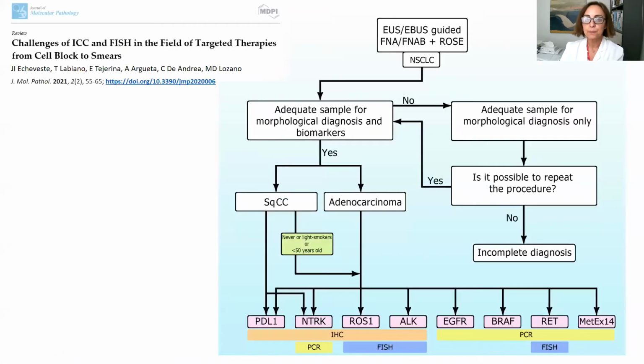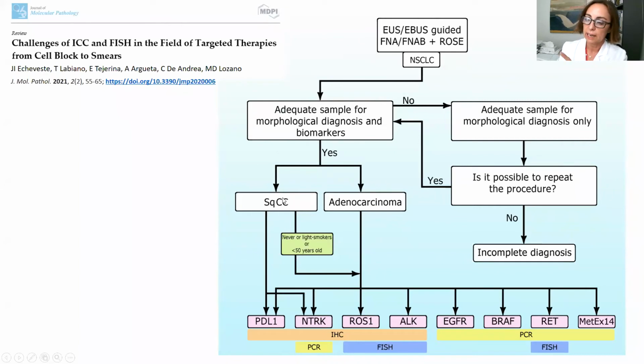And this is a schematic representation that we have published very recently in this paper, talking about how to perform an algorithm using samples obtained by EBUS FNA with ROSE, of course, for non-small cell lung cancer. So if we get adequate samples for morphological diagnosis and for biomarkers, that's perfect.